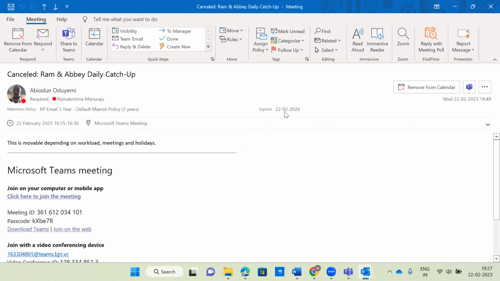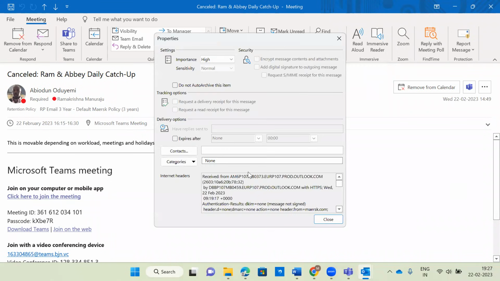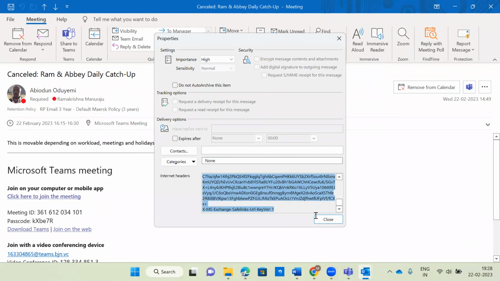After opening it, you can see an arrow mark in the middle of the email, the message options. You have to click this arrow mark, then internal headers. This internal header is our header analyzer, with the original body of the content of the email. Everything will be there.